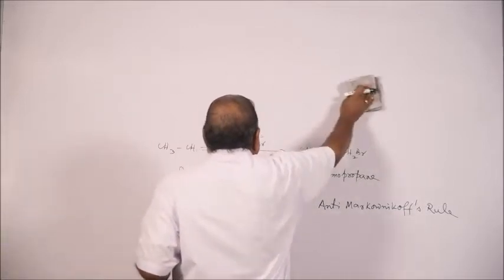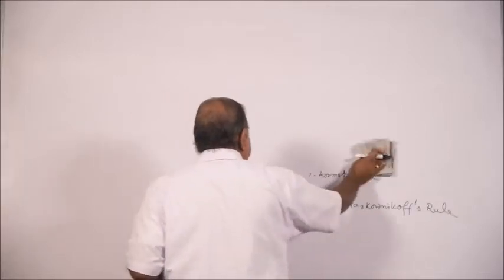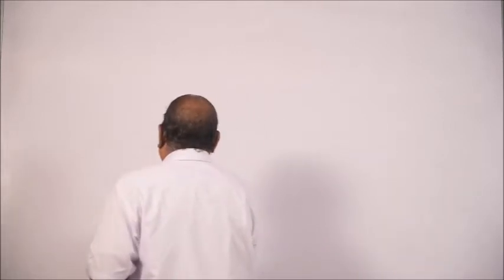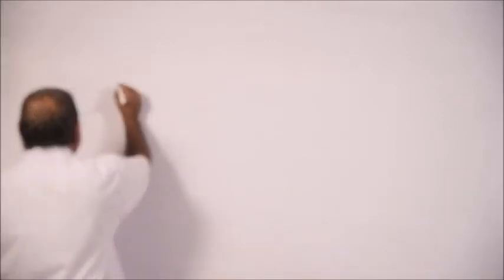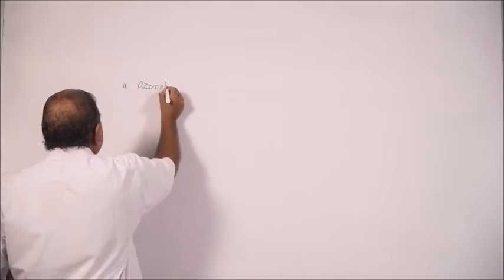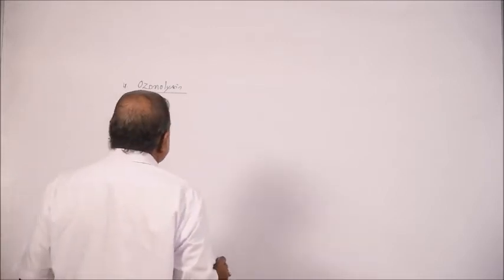The fourth addition is very important, the fourth type of addition. So, first, second, there is no rule, it is symmetrical. Third, Markovnikov's rule is applied. Fourth one is ozonolysis. It is a two-step process.